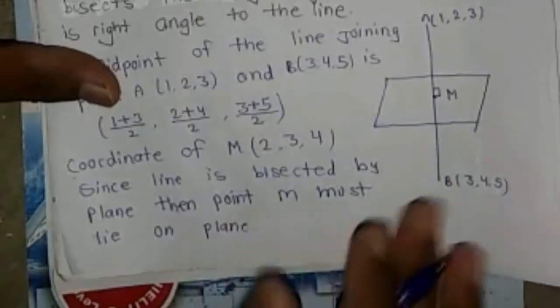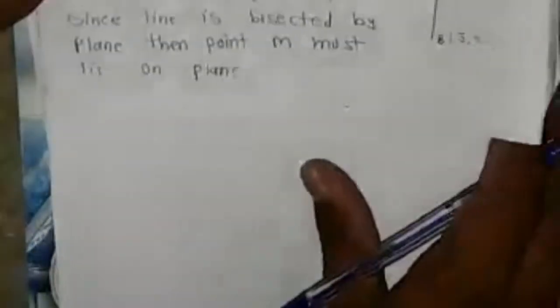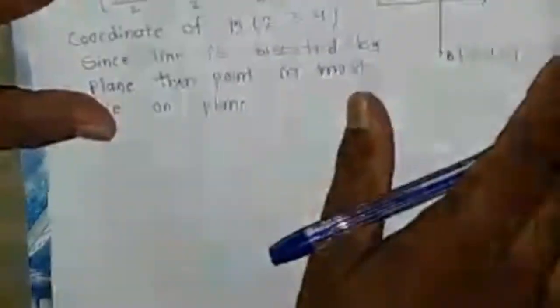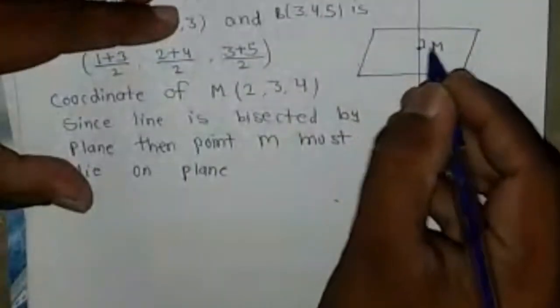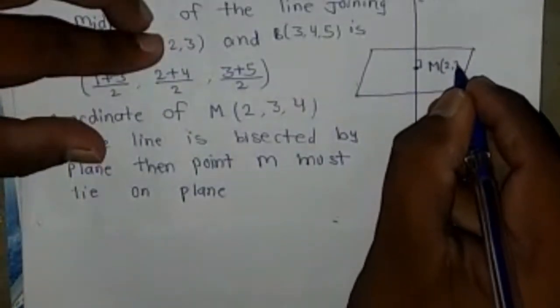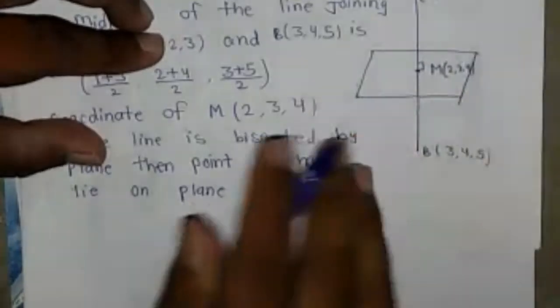It means we get a point on the plane and its coordinates are (2, 3, 4).